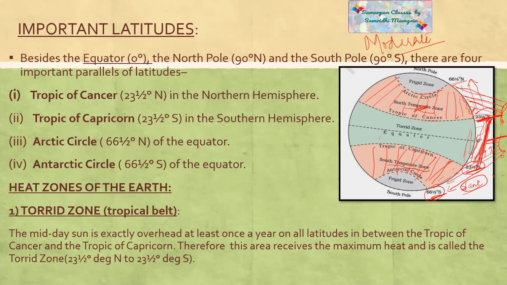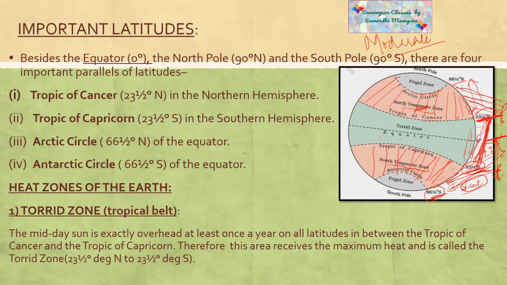That is why this area is known as the temperate zone. The sun will not leave the Tropic of Cancer and the Tropic of Capricorn. It will stay between these latitudes. So the area beyond the tropics receives less heat compared to the tropics. That is why tropics are hotter than the temperate areas.